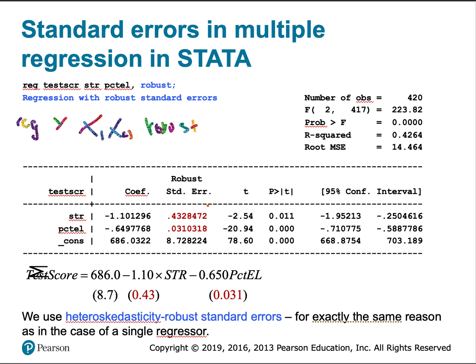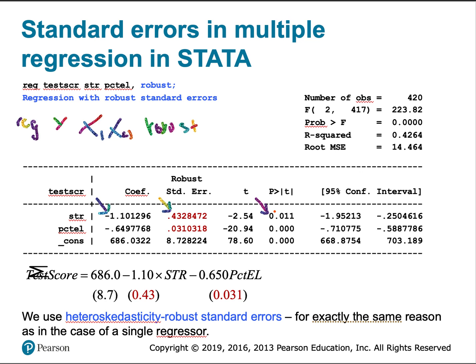And what do we want to look at? Let's focus on the coefficients, the standard errors, and the p-values for now. The coefficient of the student-to-teacher ratio is negative 1.1. The robust standard error is 0.43. Observe the p-value is 0.011.